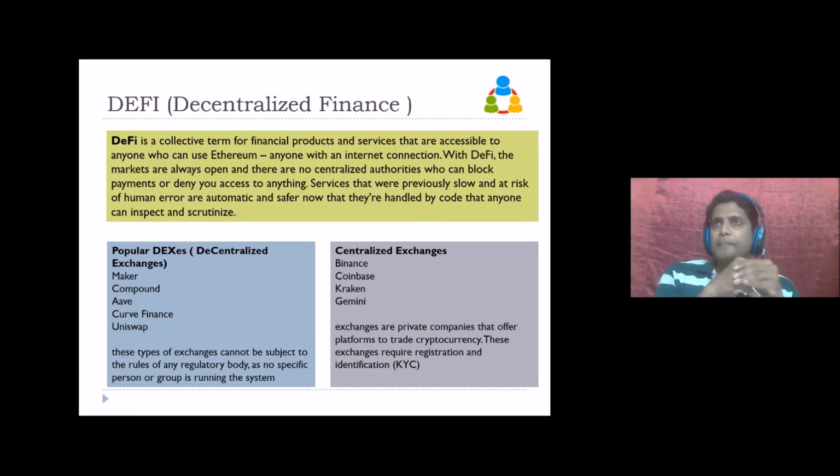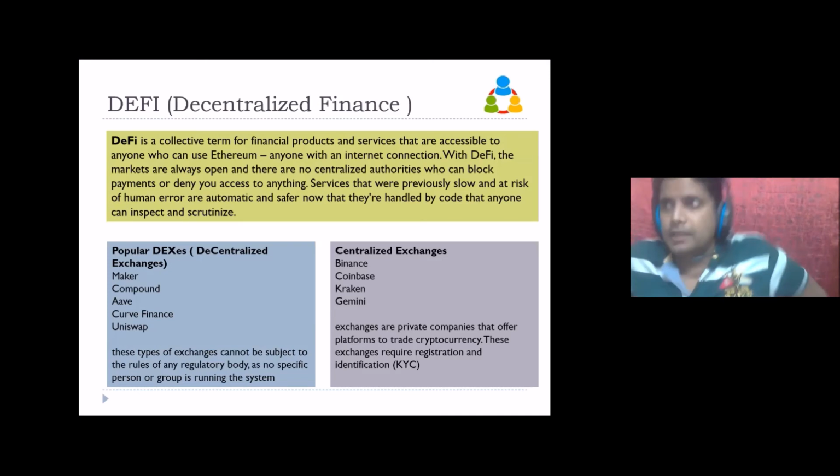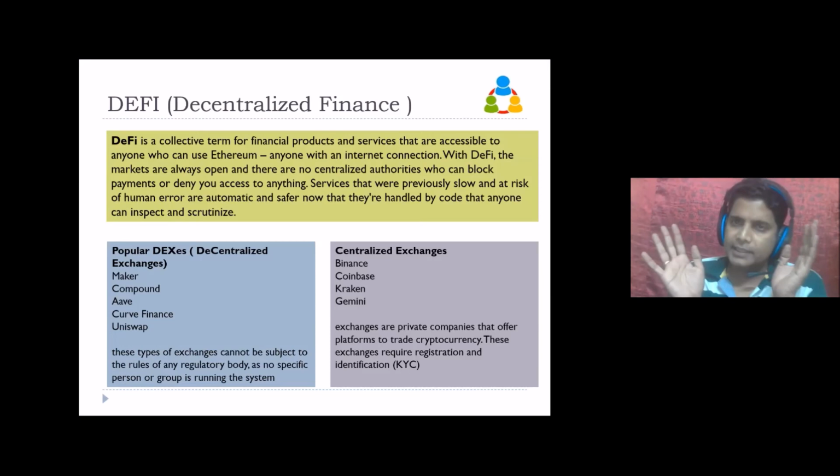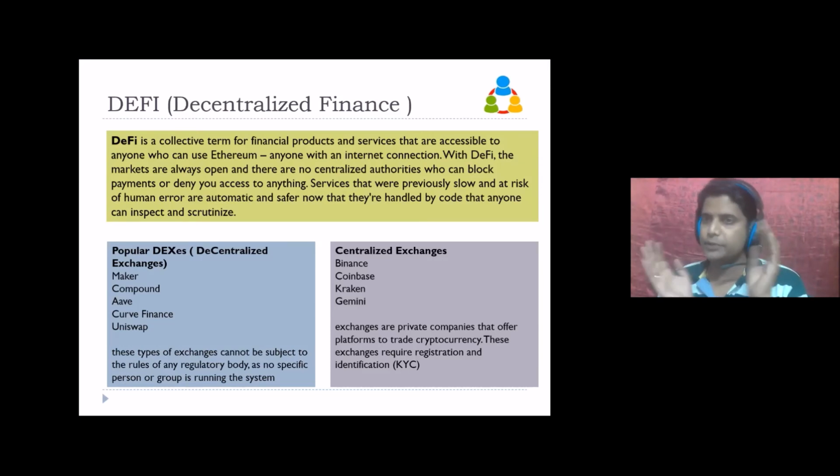It's mostly in the financial sector. One such use case, to show how DeFi works: suppose a person has 10 bitcoins. 10 bitcoins is like $600,000. Okay, it's a huge amount of money, and he wants a loan. So what he does is that there are these decentralized finance exchanges, DeFi exchanges.